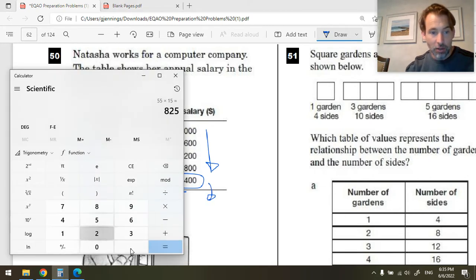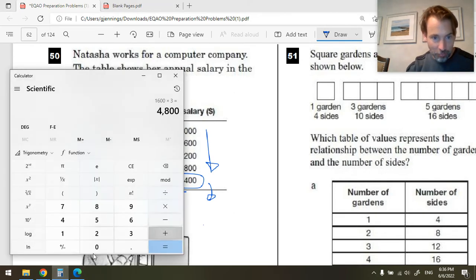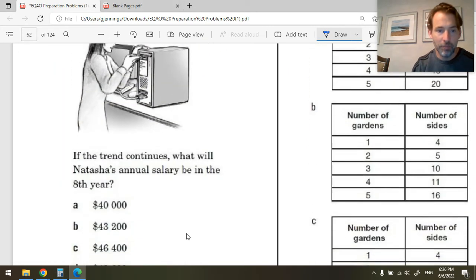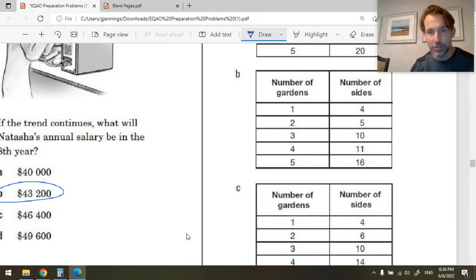So let's do that. 1,600 times 3 equals $4,800. Plus that 38,400 equals 43,200. There it is. Good for you, Natasha.